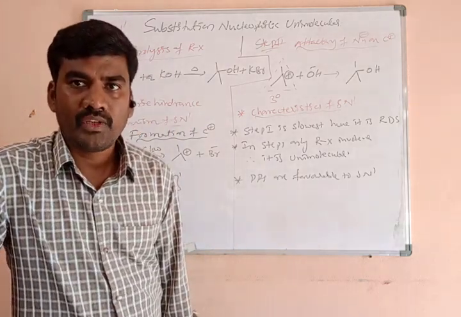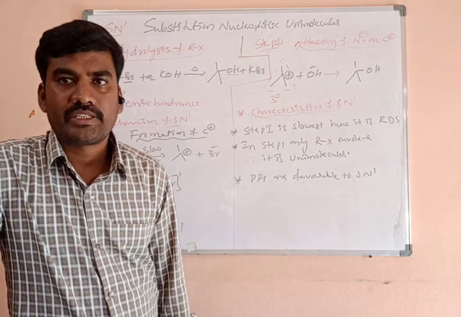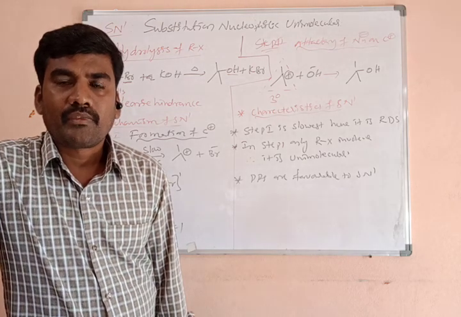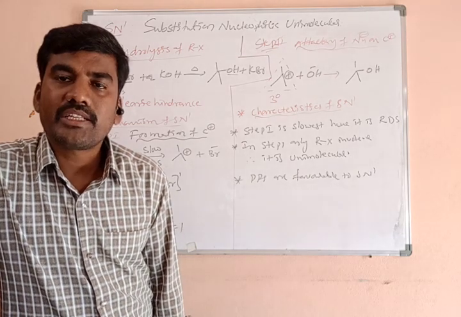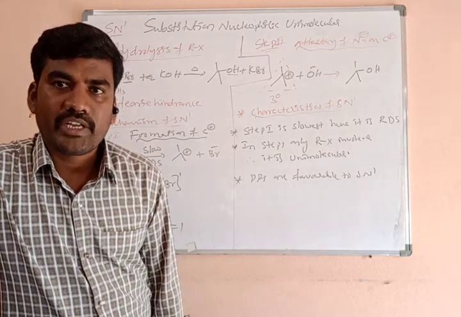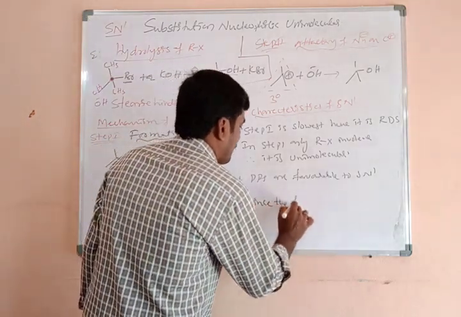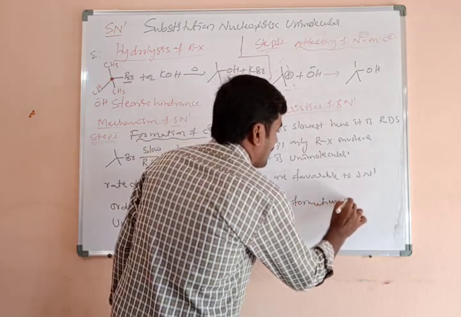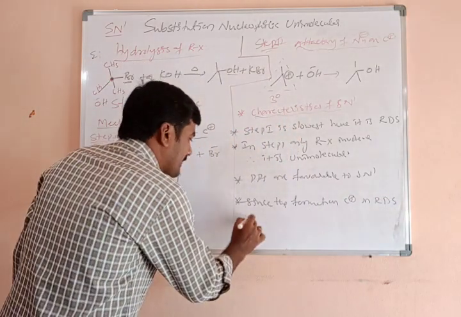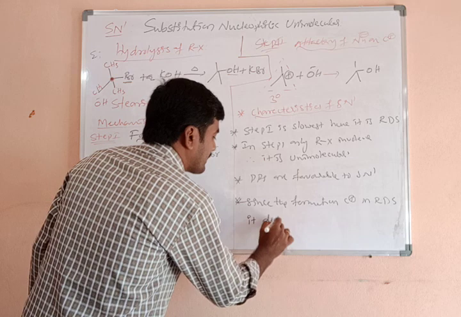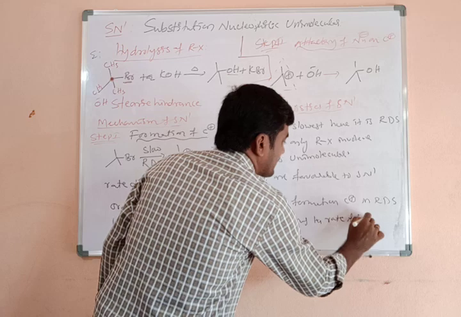Now, in step 1, formation of carbocation takes place. Since the formation of carbocation occurs in the RDS, the carbocation determines the rate of the SN1 mechanism.